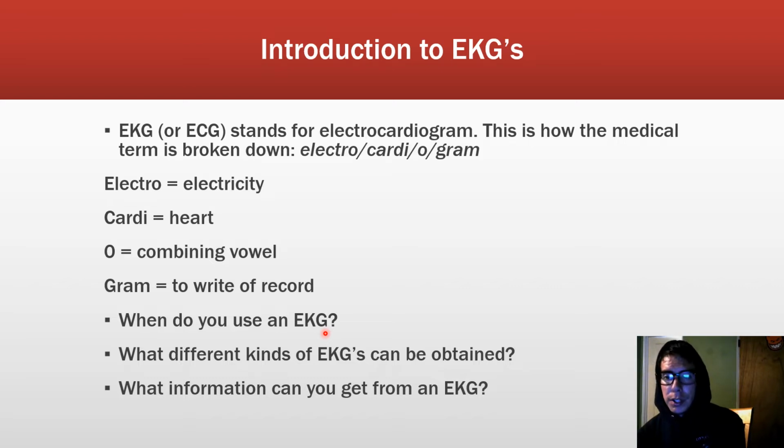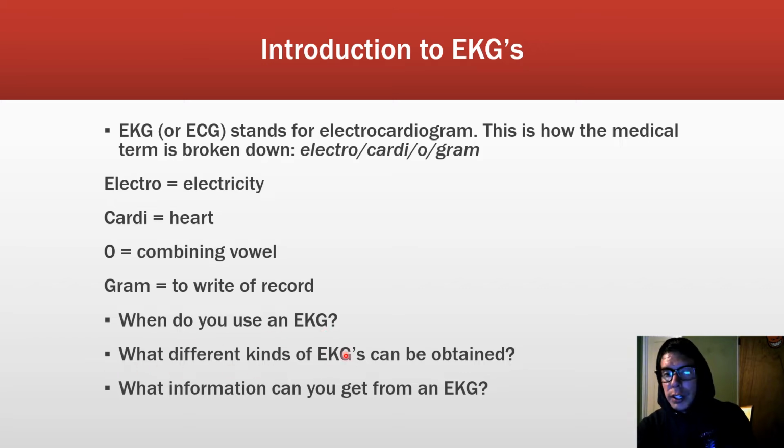Respiratory and suspected cardiac are the big ones, but also if somebody faints or has altered mental status, like they're unaware or dazed, that's a good time to get one. Sometimes with chest trauma you can get one just to see if there's anything weird going on, but really respiratory and suspected cardiac are the biggest ones, and from there it's based on protocol and if you feel that it's needed.